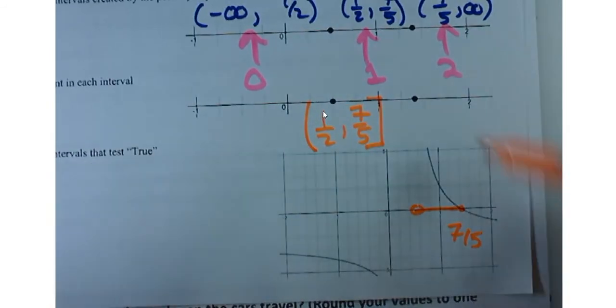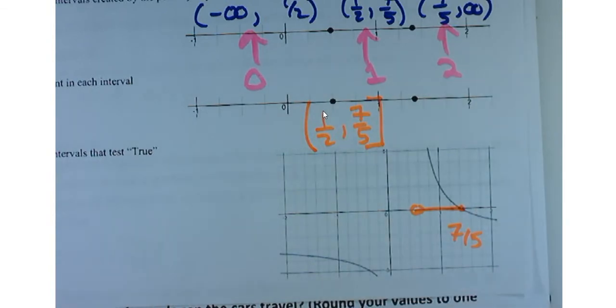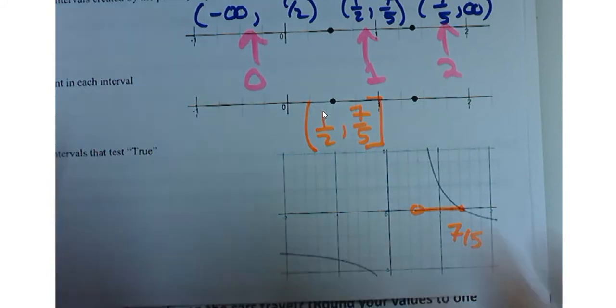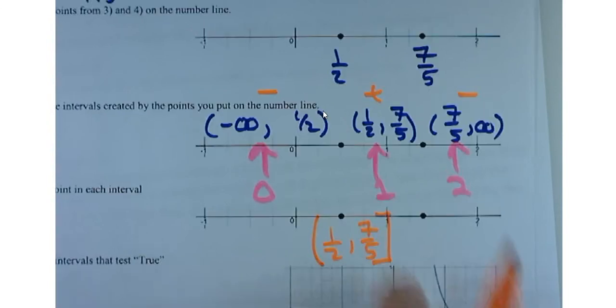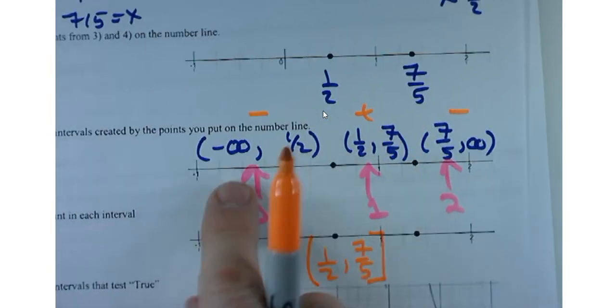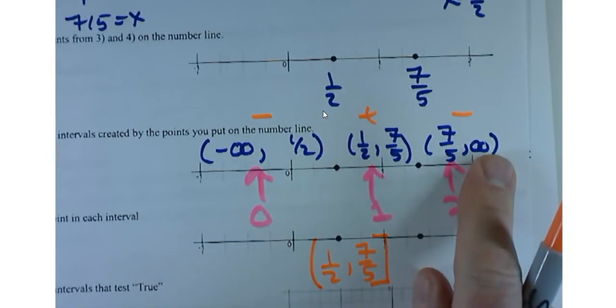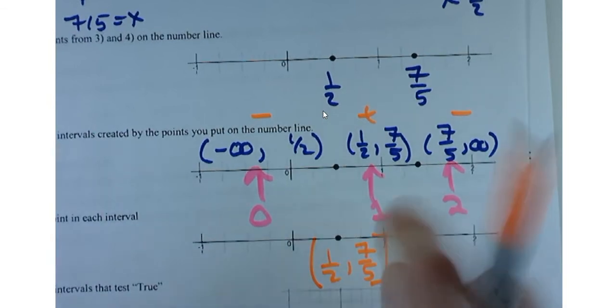So it's tough to do it with the graph. That's why I just strongly recommend testing points. It's just cut and dry. You don't have to worry about scaling the graph so you can see it, or maybe not graphing everything, just positive or negative, and that's it. Test the endpoints.